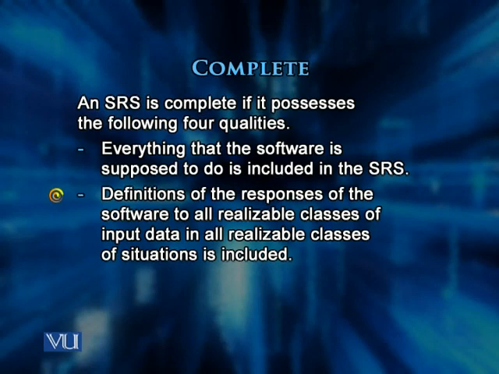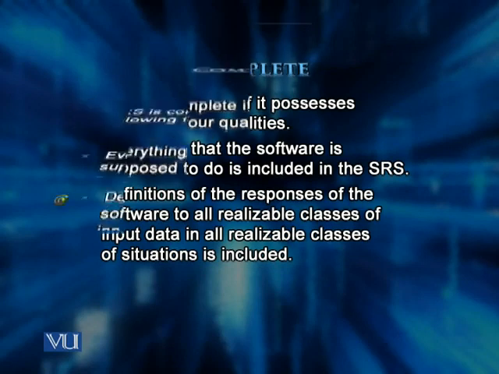What this means is that whenever and whatever type of input is provided to the system, that is documented, and the outputs or responses of the system are also documented in all possible scenarios.